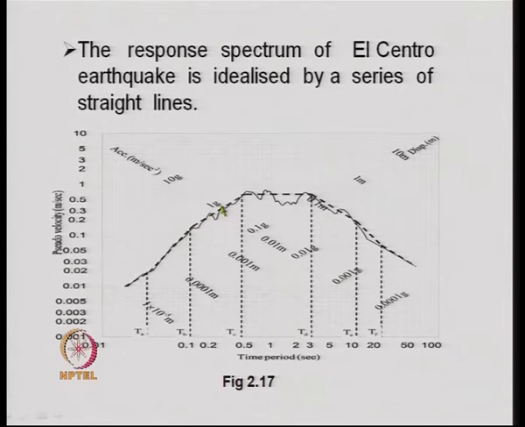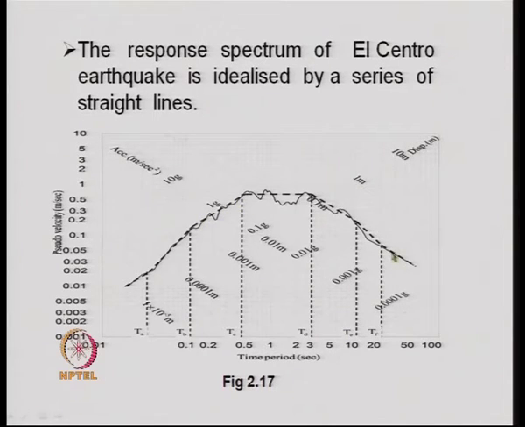This constant acceleration will be equal to the maximum ground acceleration shown over here, which represents this constant portion. This multiplied by some factor gives the constant acceleration over this inclined line.